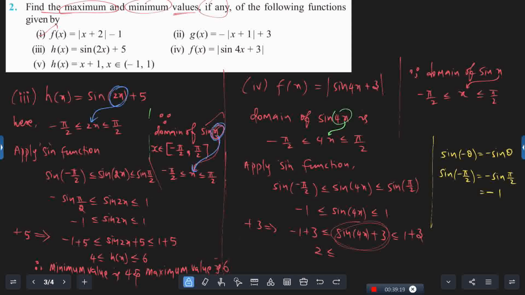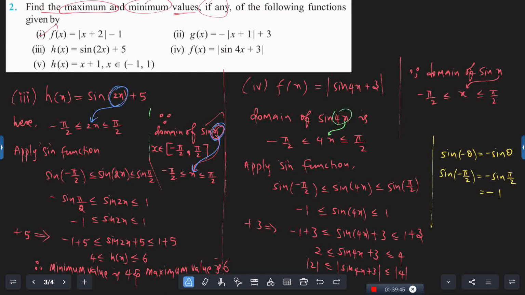This is what? The question, f of x. Not yet the question. In the question there is a modulus pending. Then don't put f of x, let it be as it is. Sine 4x plus 3 less than or equal to 4. Now, if you want the question, we should put modulus on both sides. So apply modulus: modulus 2 less than or equal to modulus of sine 4x plus 3 less than or equal to modulus 4.